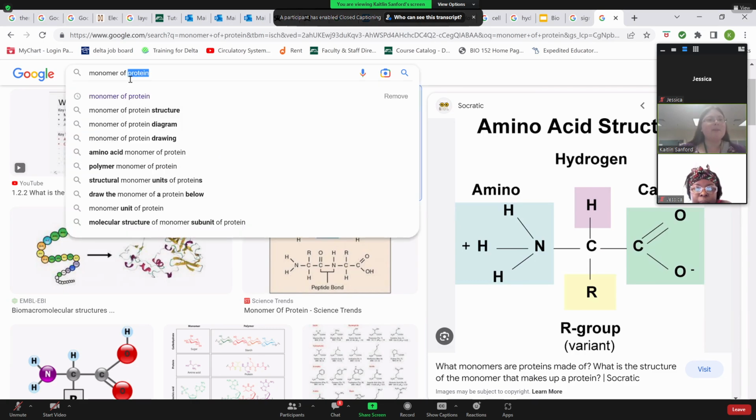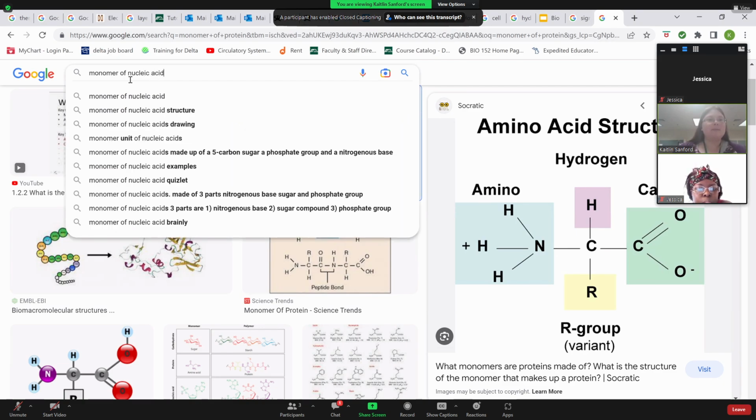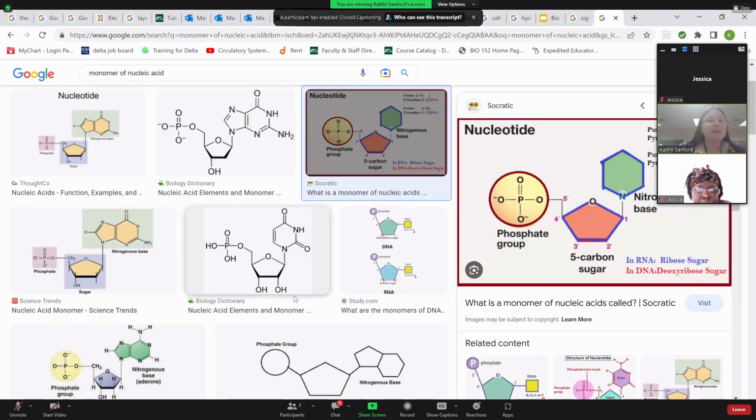But what about the other one, nucleic acid? You have a nucleotide. So you have amino acid, which is a monomer of protein. Amino acids are like building blocks of proteins. You put a bunch of amino acids together, you get a bigger protein. But for nucleic acid, we have a nucleotide.